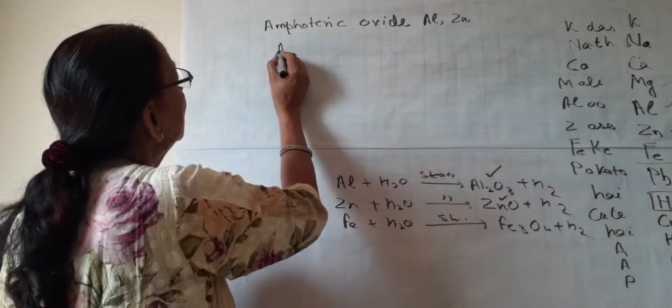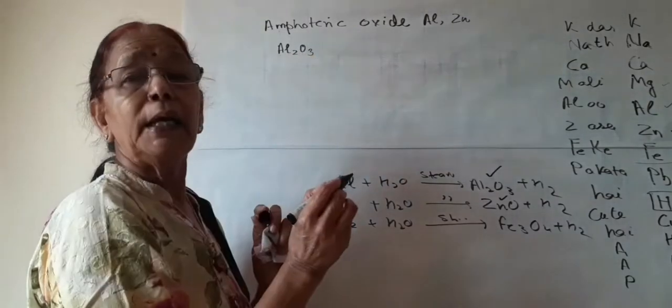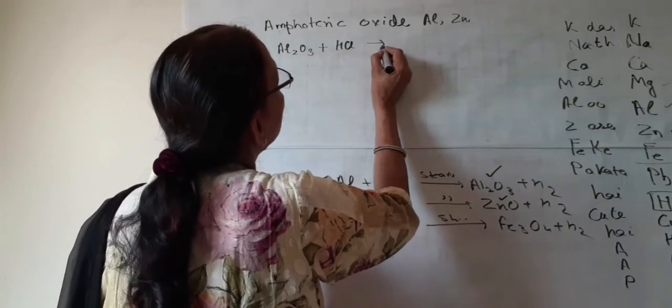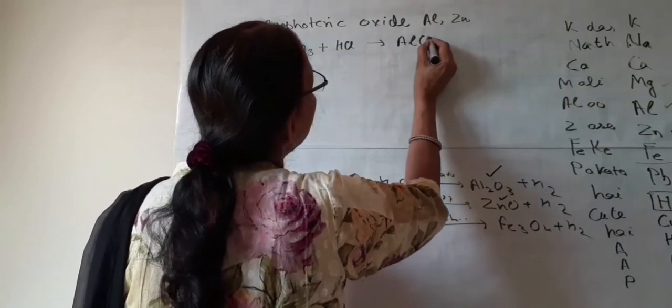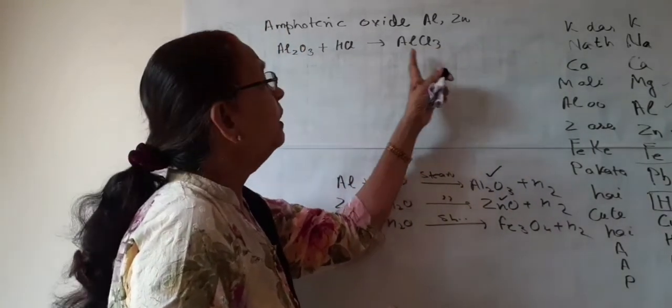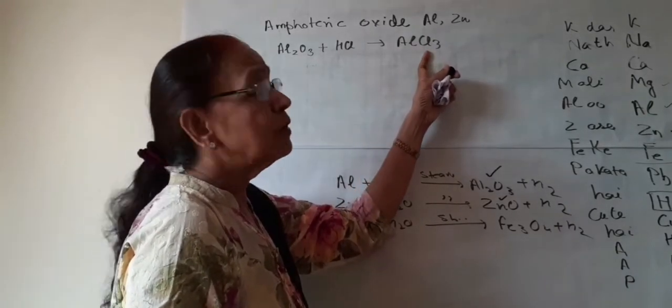I am writing first with aluminium oxide. Al2O3 plus HCl. What will be formed? Aluminium chloride. Why 3 here with chlorine? Because aluminium has a valency of 3, chlorine has a valency of 1.